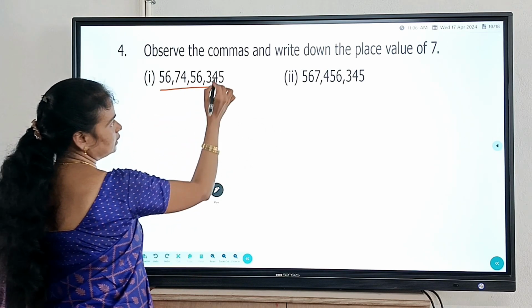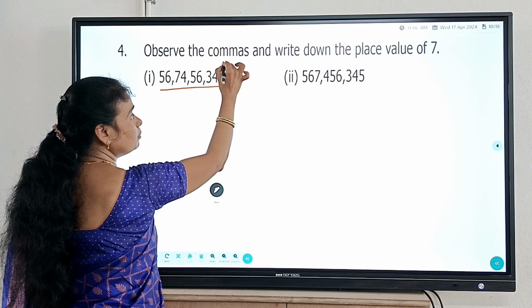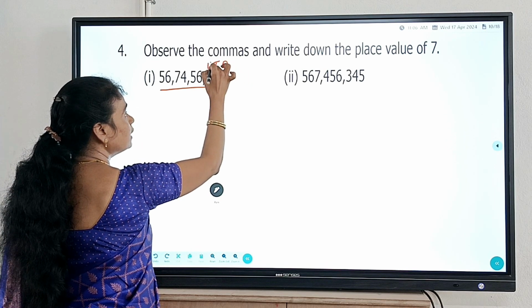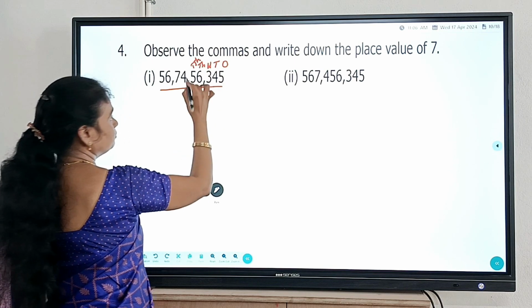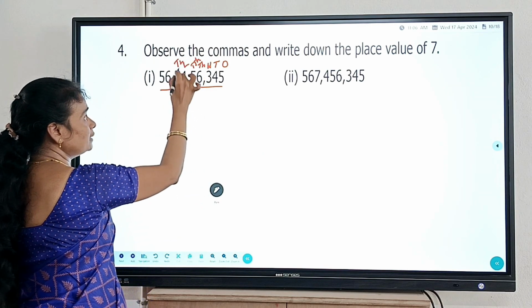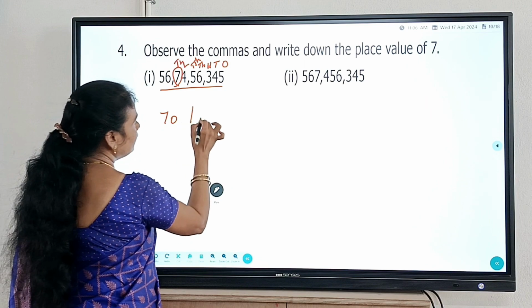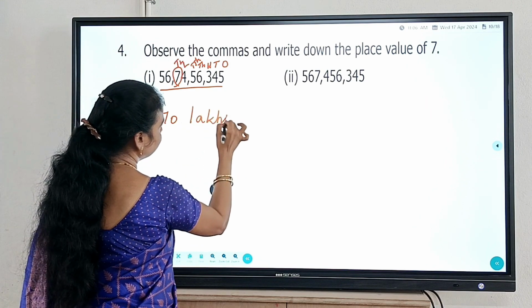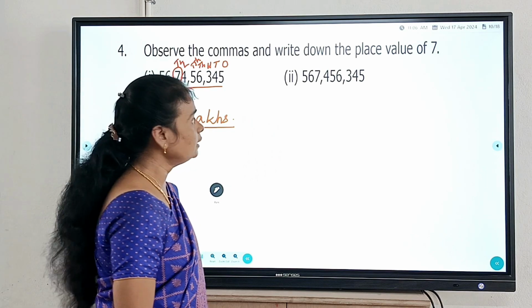So in the Indian system of numeration, how will you write down the place values? This will be ones, tens, hundreds, thousands, 10,000s, lakhs, 10 lakhs. So in what place is this 7 written? It is 70 lakhs. Okay? First answer is 70 lakhs.